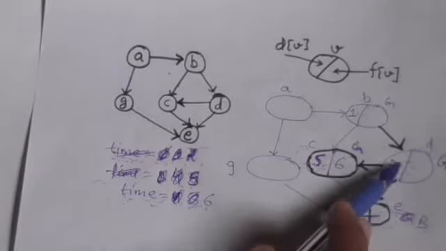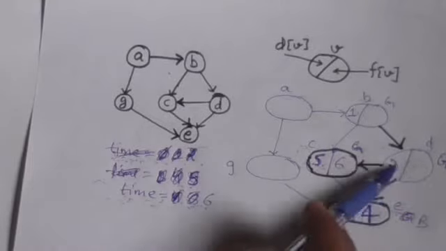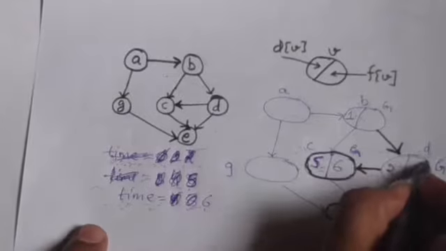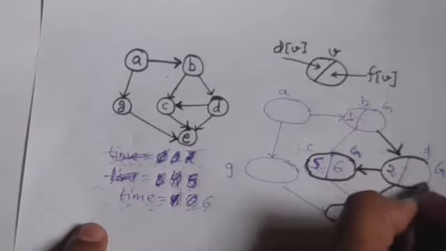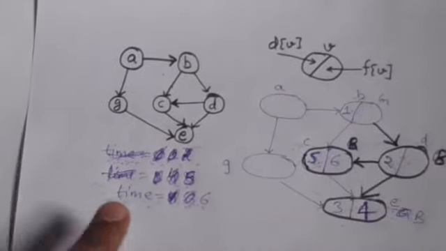And we will check whether vertex D has any white adjacent vertex or not. Now vertex D does not have any white adjacent vertex on which we can call depth first search visit function. So what will we do? We will change the color of vertex D from gray to black, right?